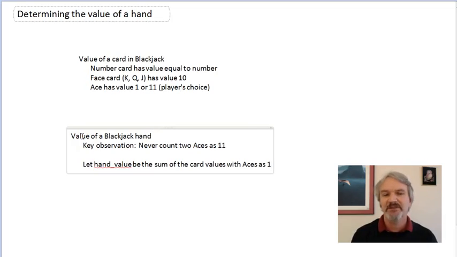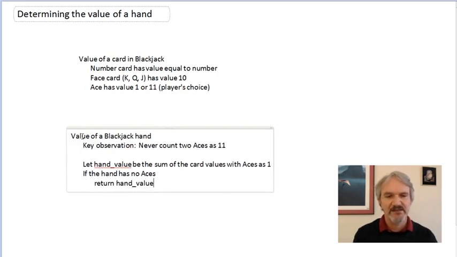And now we're going to have to do a little bit of logic. If the hand has no aces, we could just return hand value. That's easy enough. Of course, the question is what happens if we have an ace? Remember, the worst we're going to do is count 1 ace as 11. We're not going to count 2 aces as 11.